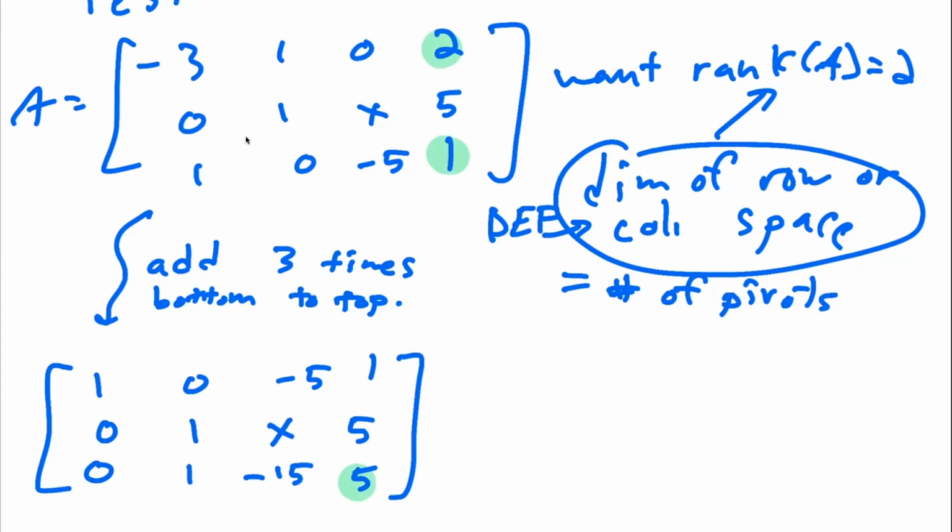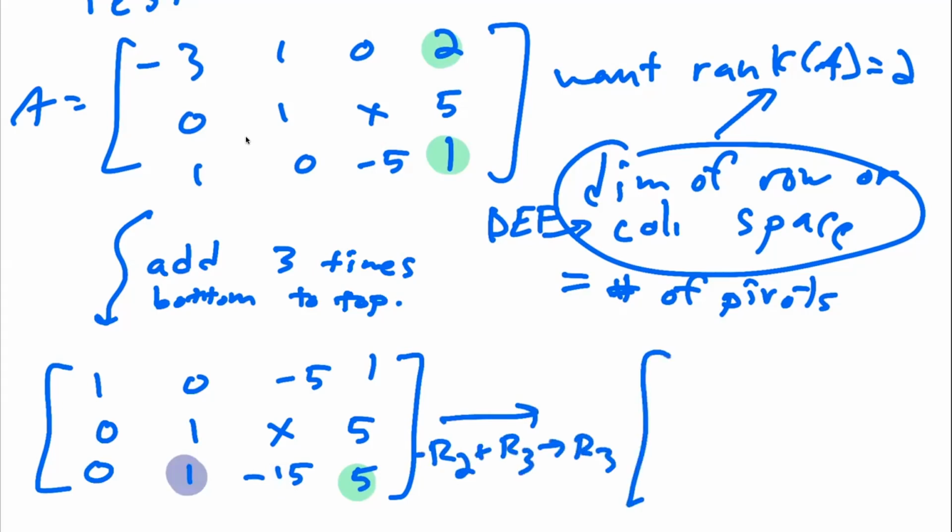Okay, so there's one other row operation. Again, I'm thinking about reduced row echelon form. So really, I would like to get a 0 in this position. Sorry, nope, missed it. I want to get a 0 in this position. So here I might take minus row 2 and add it to row 3, and that'd be my new row 3.